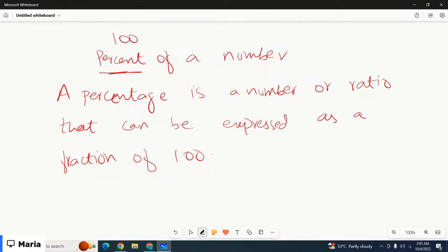So let's start with an example. For example, you have to calculate 30% of what is 60. 30% of what is 60, right?